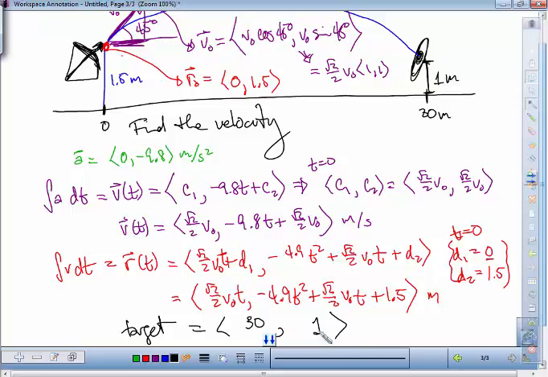So eventually you want your position to be there. And so it looks like we can just set these two things equal to each other, component by component. And then we'll have two equations and two unknowns. So let's pick it up from there.